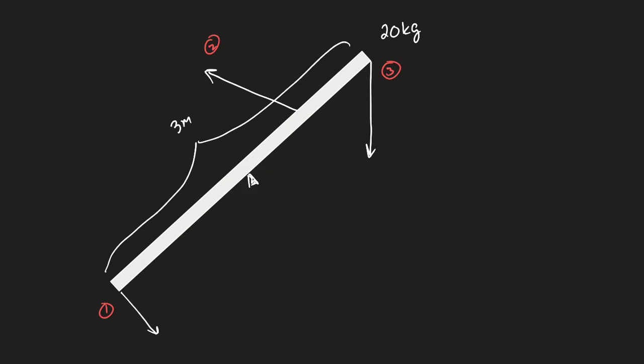Let's say that force number 1 is 20 newtons, and is at a right angle to the bar, at one end of the bar. Let's say force number 2 is 35 newtons, and it is 0.75 meters from the pivot point at an angle of 60 degrees.